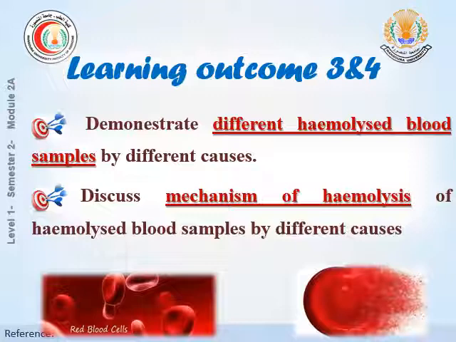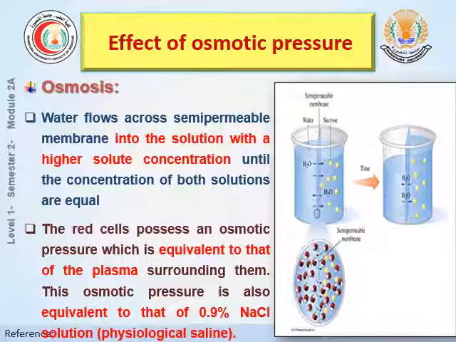Learning outcomes 3 and 4: demonstrate different hemolyzed blood samples by different causes and discuss mechanism of hemolysis of hemolyzed blood samples by different causes. Effect of osmotic pressure.